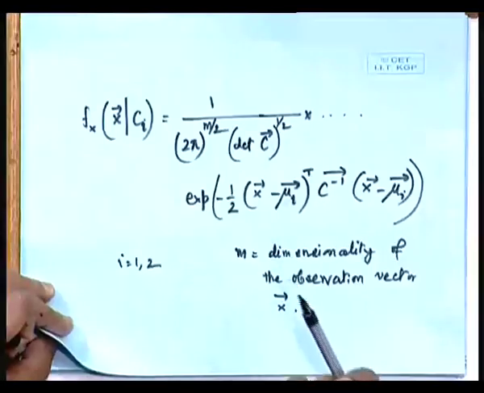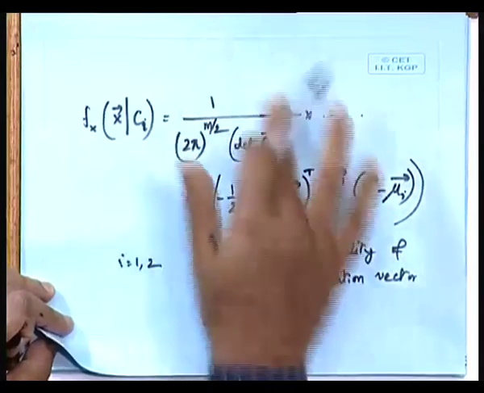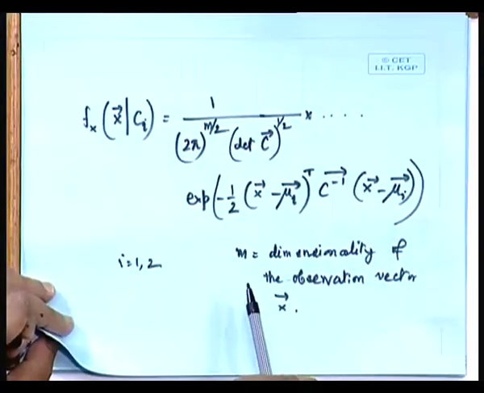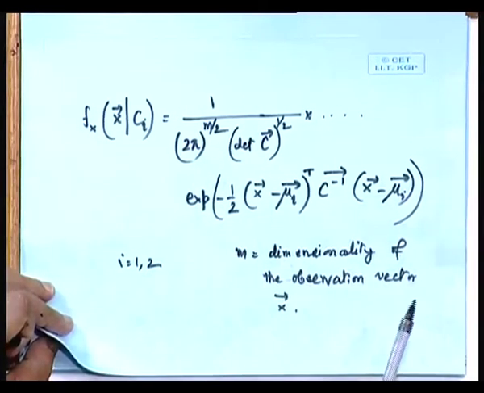You can very clearly see that this coefficient term will get cancelled out, they become 1, and only the quantity written within the exponential will remain, exponential to the power something by exponential to the power something, which means the expressions for mu 1 and mu 2 will be just subtracted from each other, if we are taking fx x given C1 by fx x given C2.